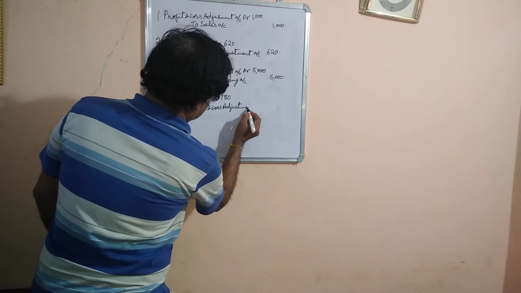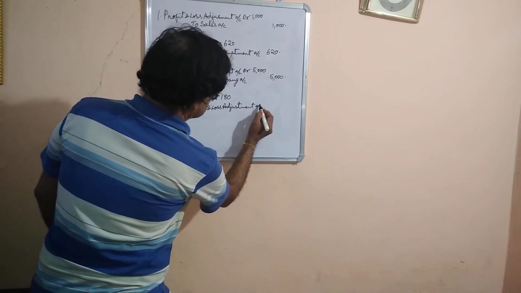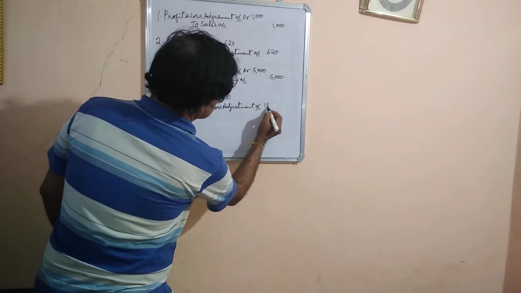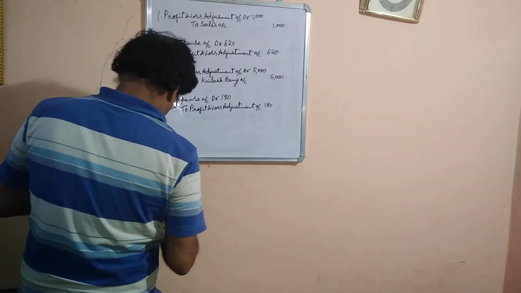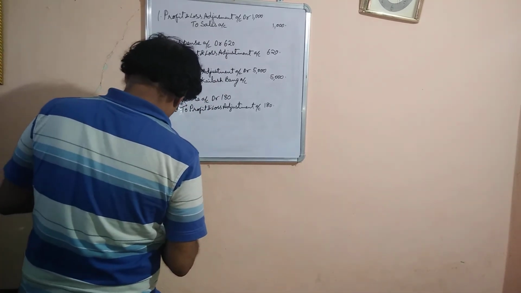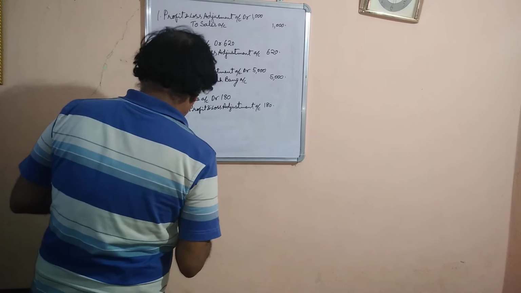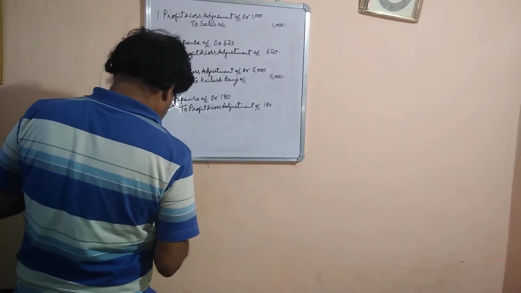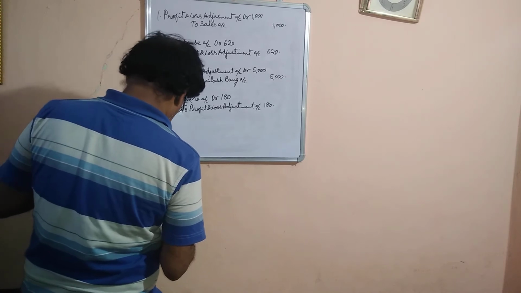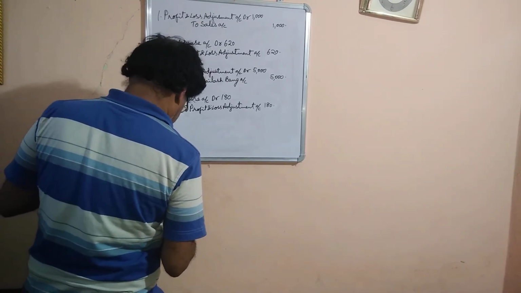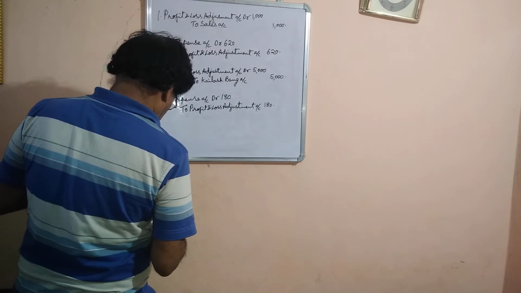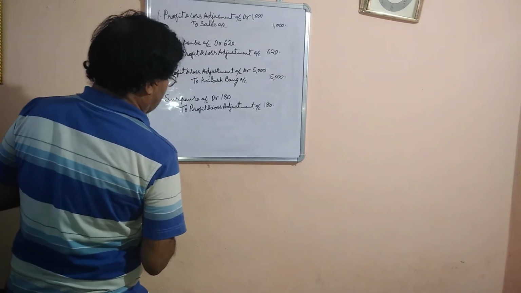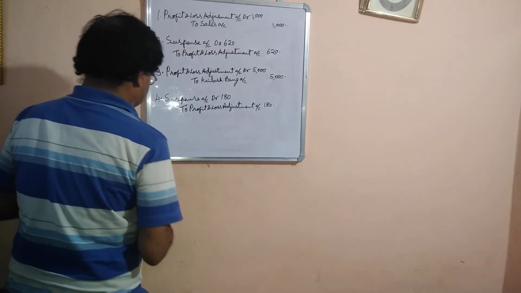Profit and loss adjustment account, 180. Okay, next. The fifth one, the adjustment entry: being mistake of debiting purchases account with excess amount of 180 rupees rectified.